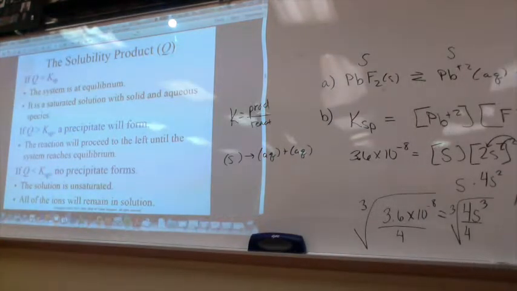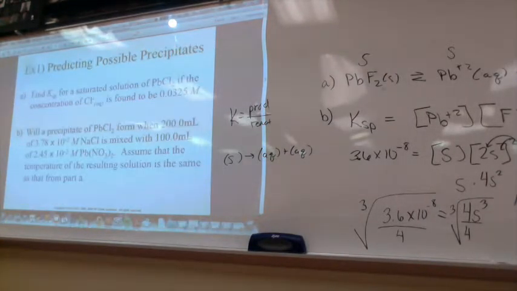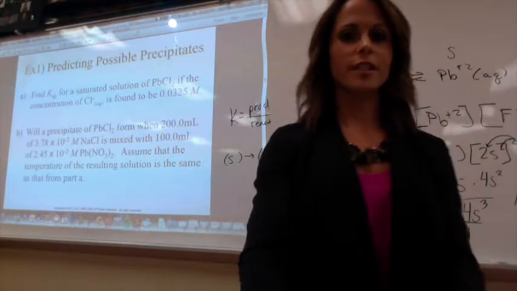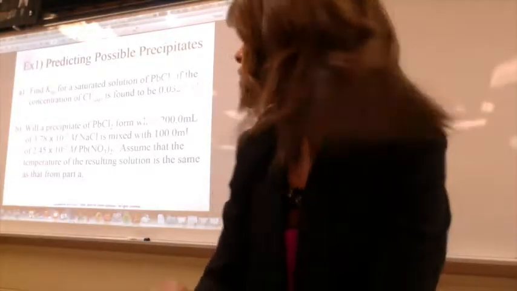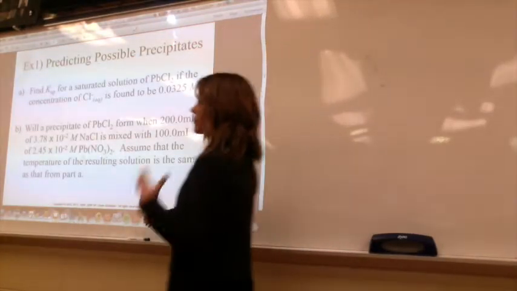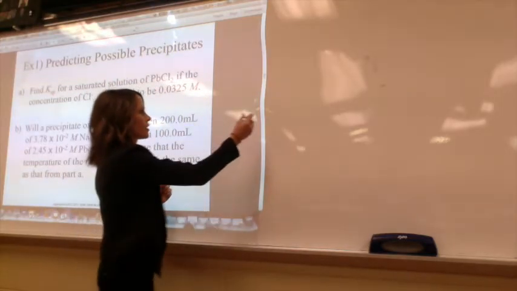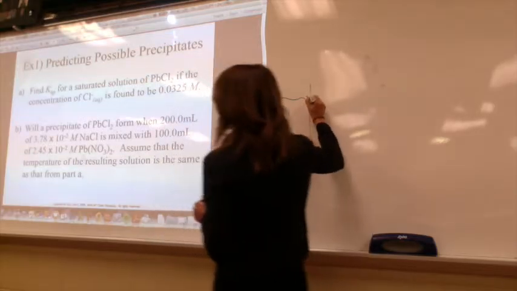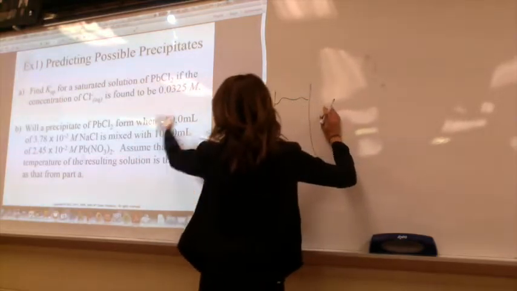So we're going to look at solving for Q and KSP. I'm going to pause again. So picturing what's happening here will be most helpful for you. You have a beaker. I'm going to read the second part to you before we do this part.